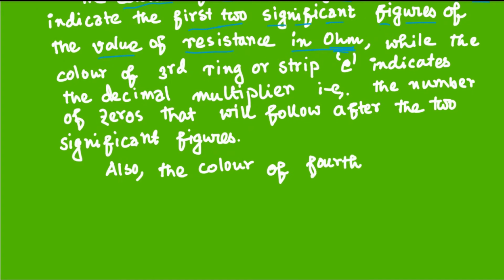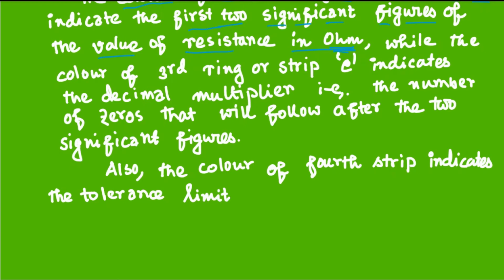Also, the color of the fourth strip D indicates the tolerance limit of the resistance value or percentage accuracy of the resistance.